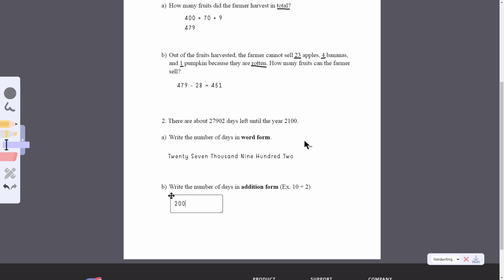So you would say 20,000 plus 7,000 plus 900 plus 2, because up here you can see that 20,000 right here transfers down here, 7,000, 900, and 2.